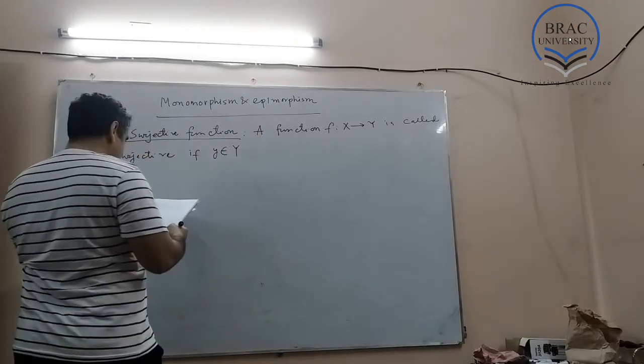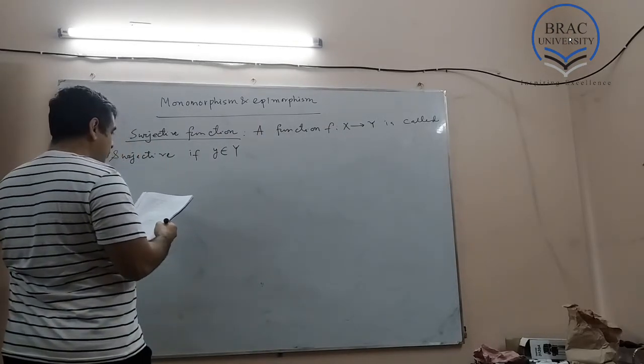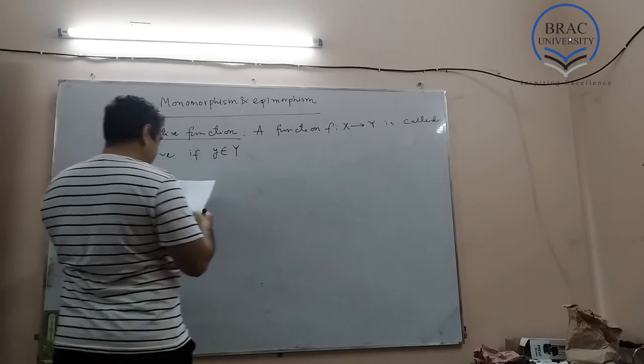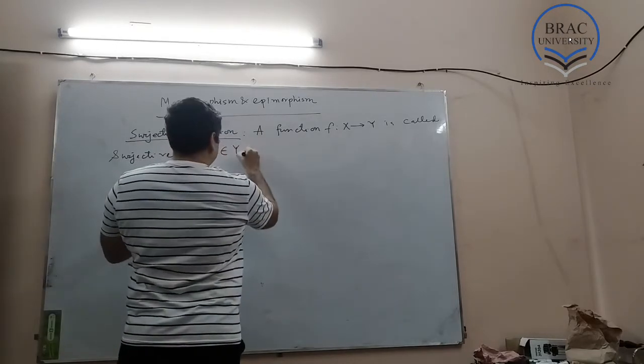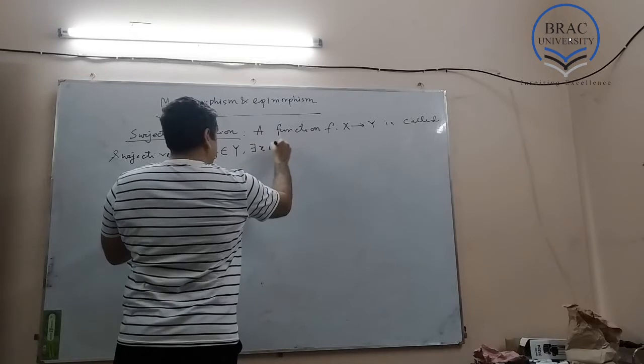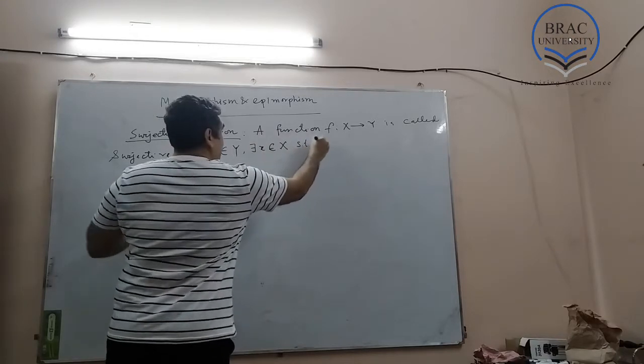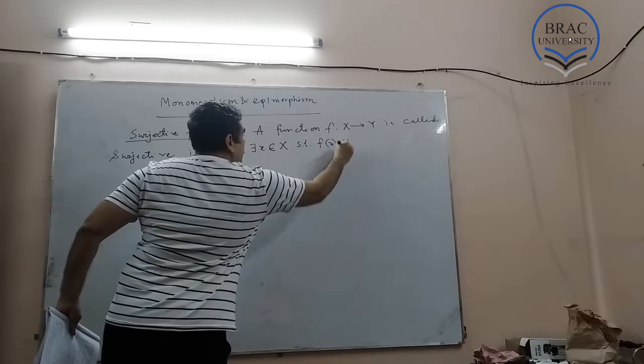Okay, this is what you write in the following way. There exists an element x in the domain such that f of x is equal to y.